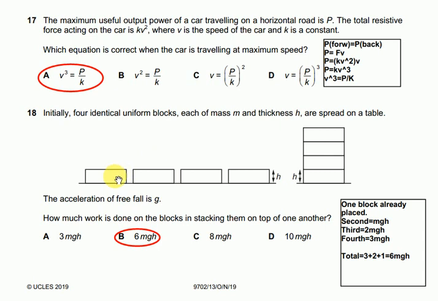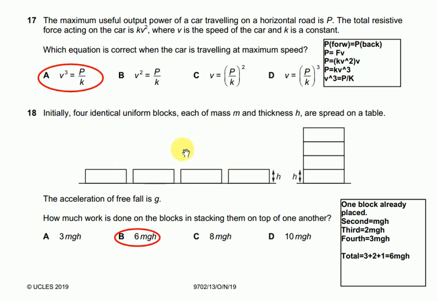Assume that this block is already placed on the surface. Putting the first block on the already placed block will take mgh. So now the height has become 2h. Now placing the third block will take 2mgh because the height is 2h.